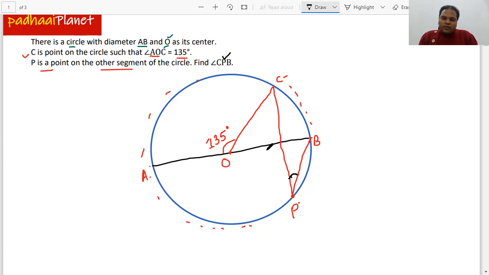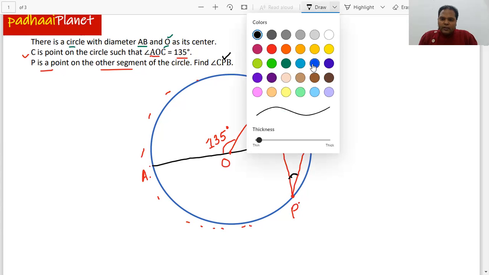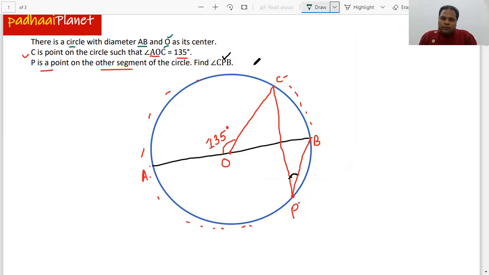So far, whatever construction we have done was already given in the question. Now we are starting the solution part, and we are doing one construction from our side, and that is we are connecting C with B.